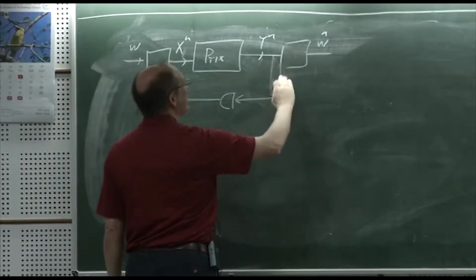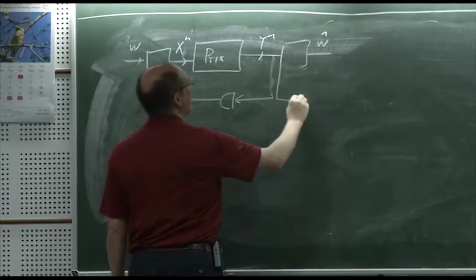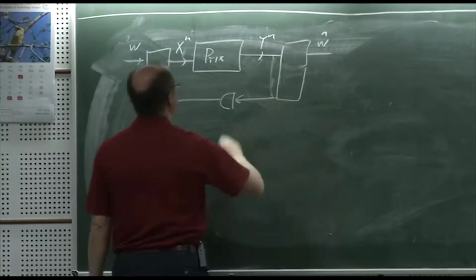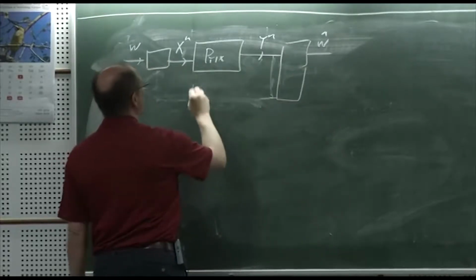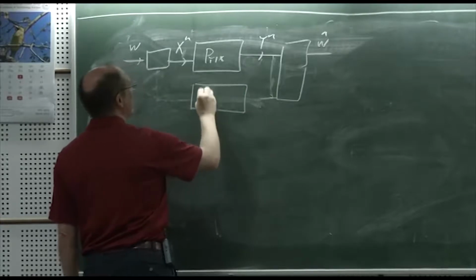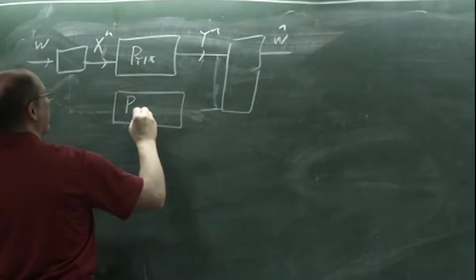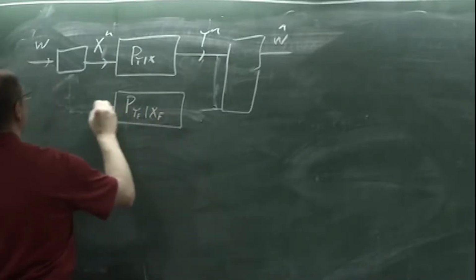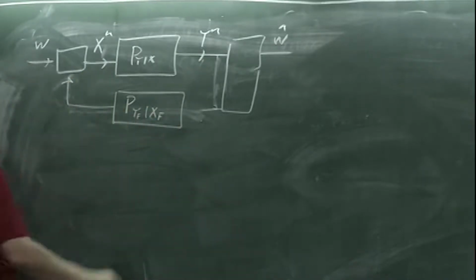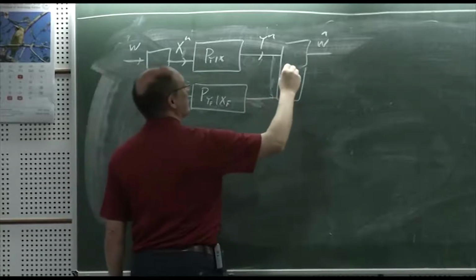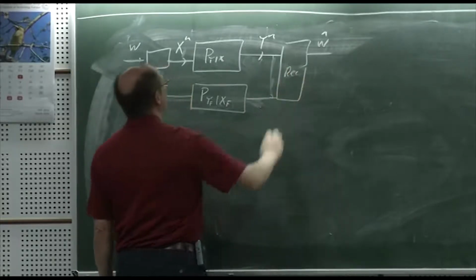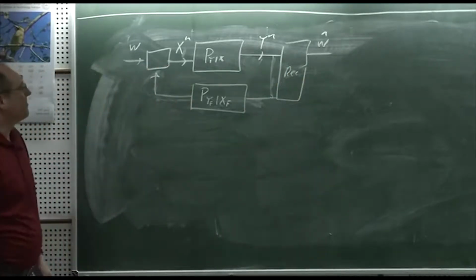So then we're really getting into two-way channel problems, where you can decide to add noise or not in the feedback link. So if we had Y_F given X_F maybe, this is the feedback link. So here's now the receiver. Right, that's a little bit of a different problem.